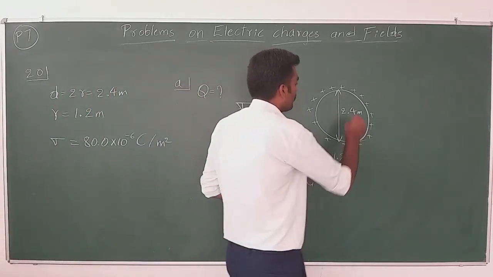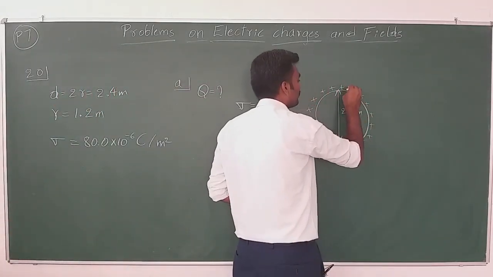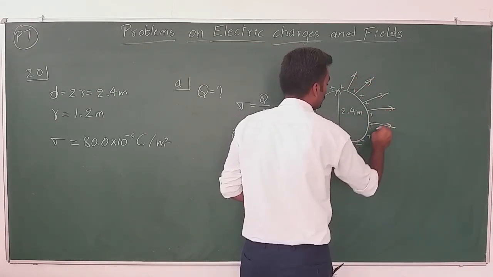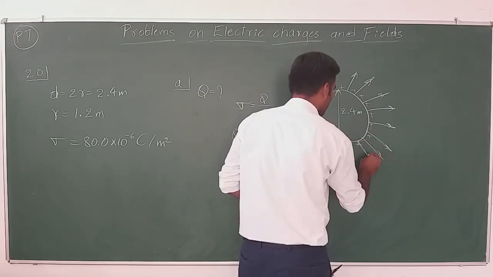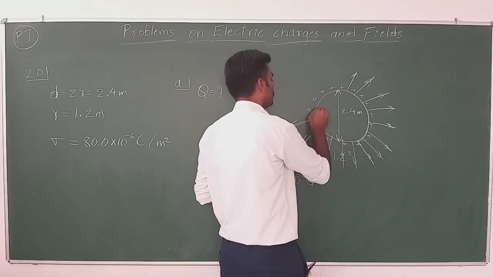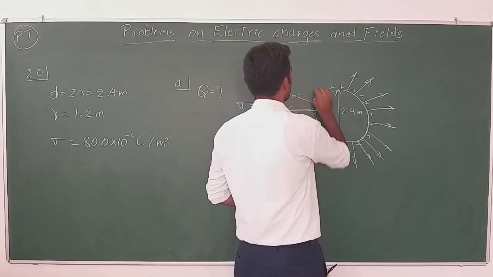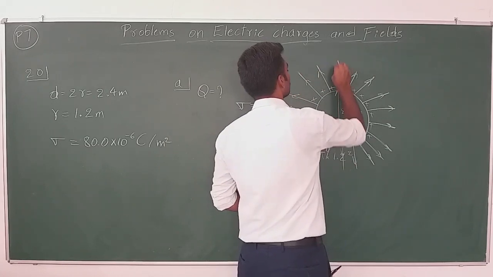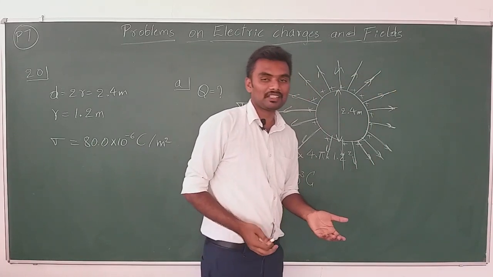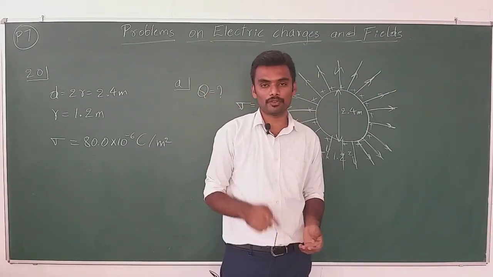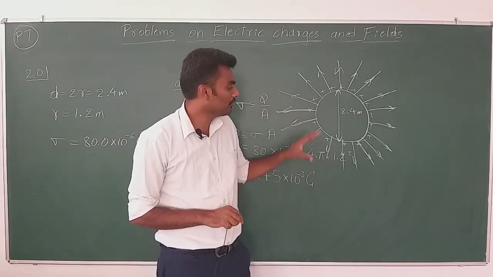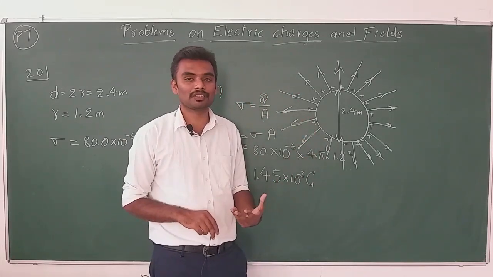Now see, this surface will have electric fields radially outwards. From the derivation of the formula for the electric flux due to a surface charge distribution over a spherically shaped body, applications of Gauss law, third derivation, we have obtained a formula very similar to the basic Gauss law itself.